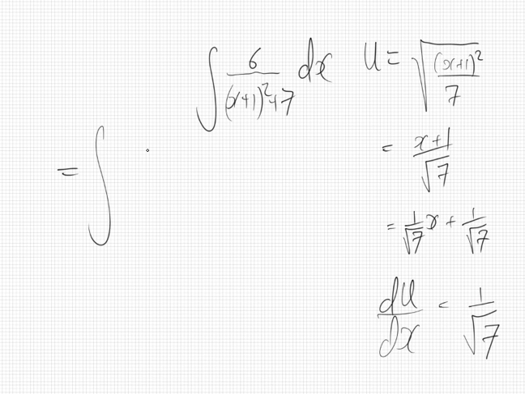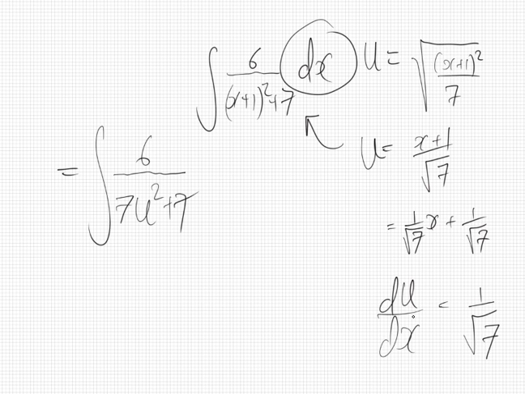So this equals 6 over, well, when I substitute this in, x plus 1 squared will be 7u squared, plus 7, and then my dx is root 7 du, so there's a root 7 here as well.